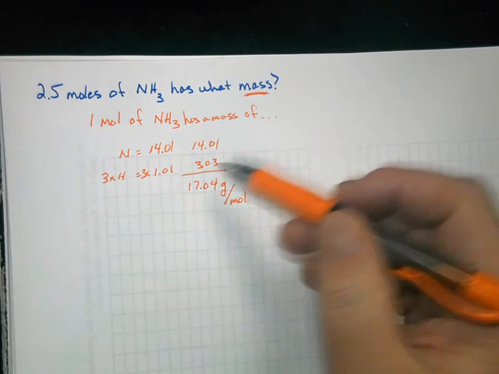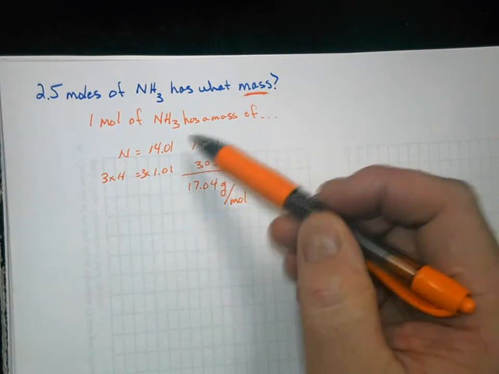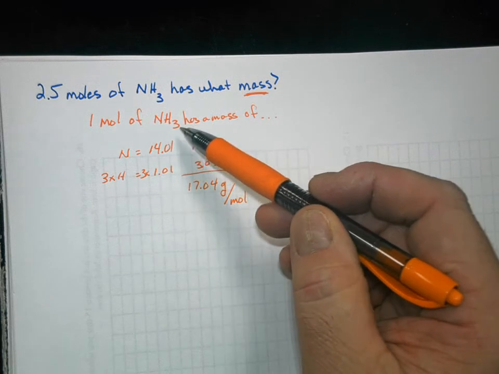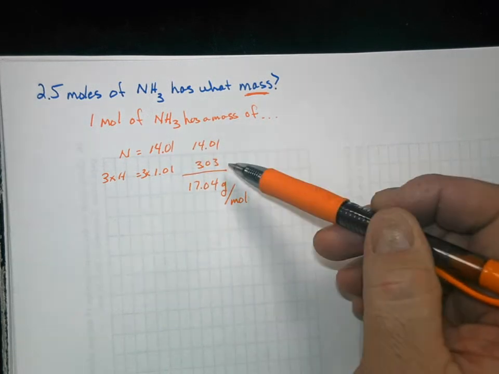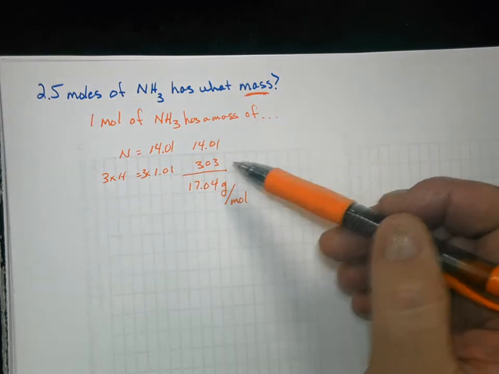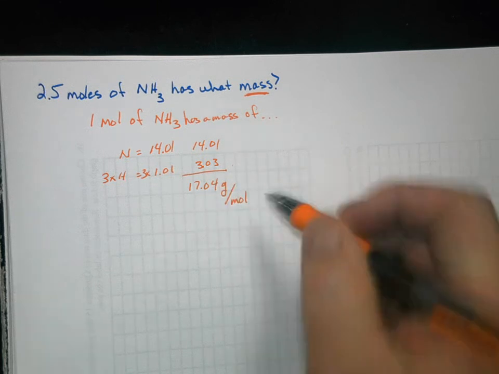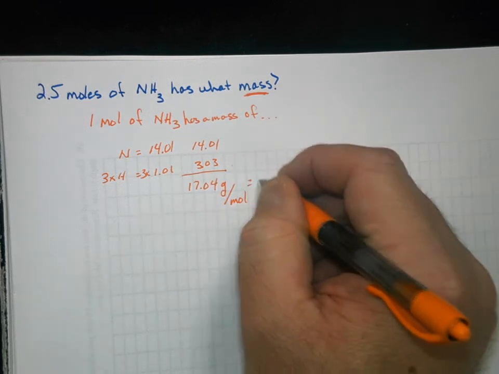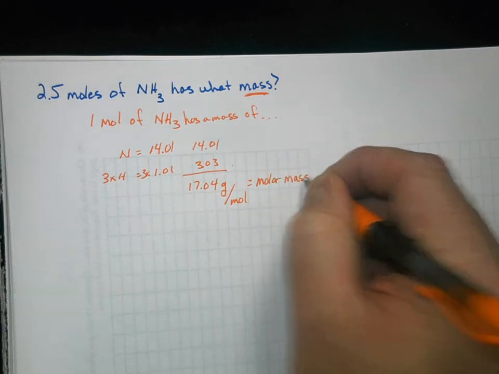This is how we find the molar mass: we find the AMUs for each atom and add them together, and that's the total AMUs for the molecule. And that's what 1 mole of it is, that many AMUs in grams. So this is 17.04 grams per mole. This is called the molar mass.